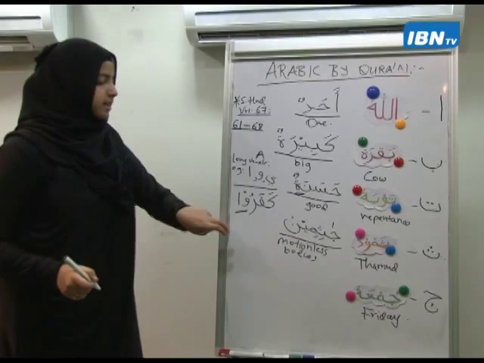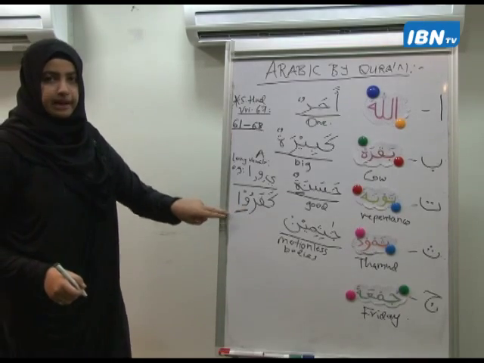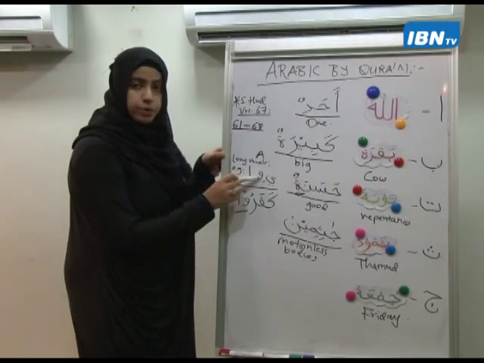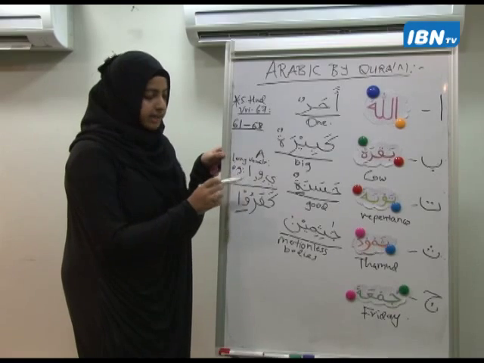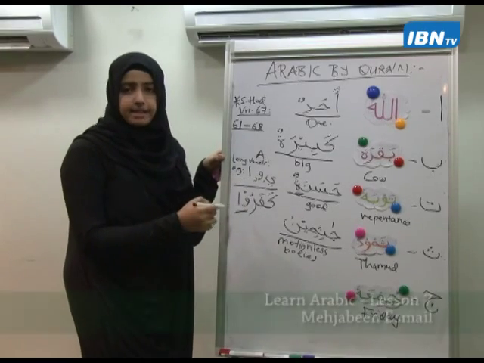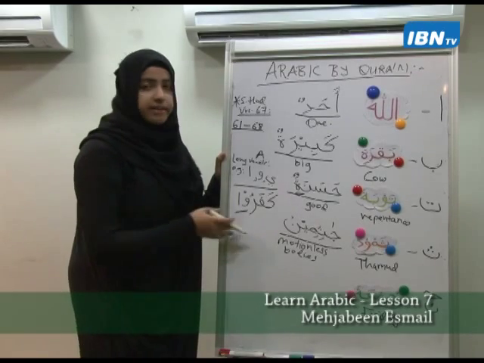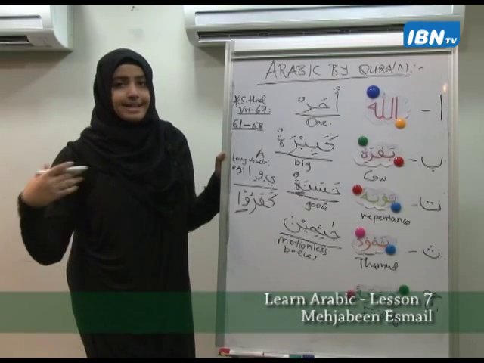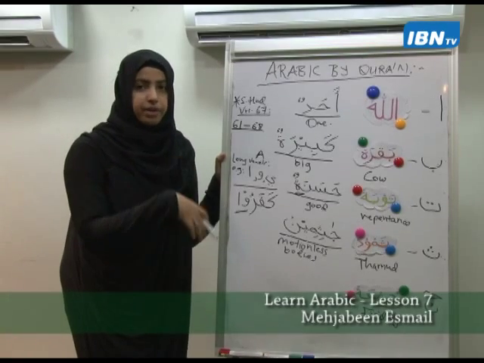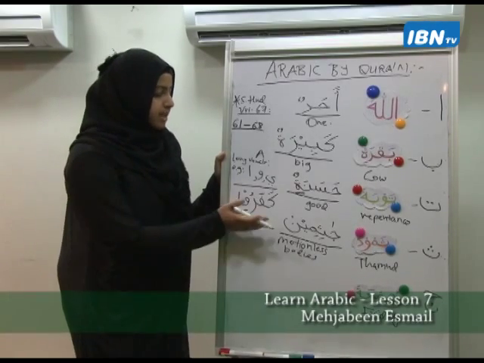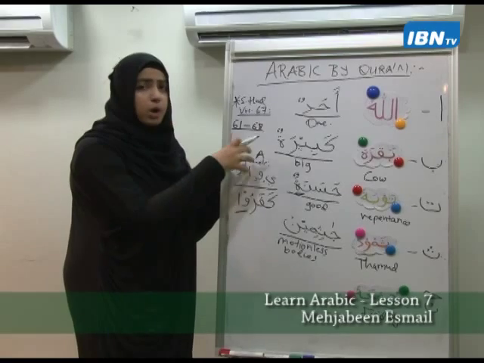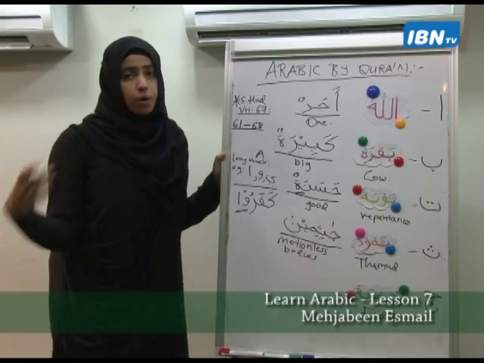So you see this long vowel here. The long vowel is used, that is waw and alif. Alif and waw here act as a long vowel. So you will say kafaru, and kafaru means they disbelieved. The tribe of Thamud disbelieved. That is where long vowels are applicable in the Holy Quran.